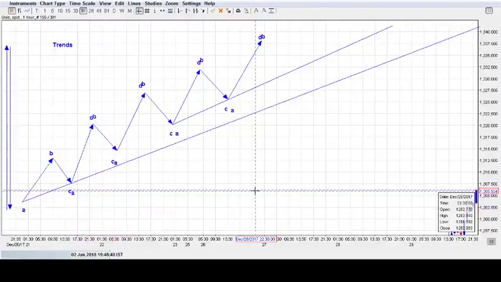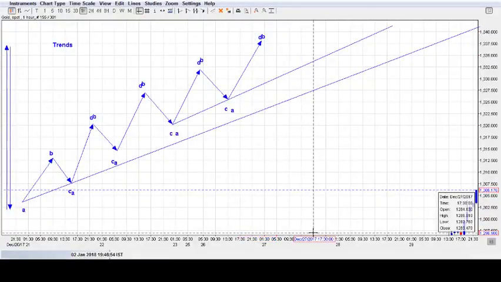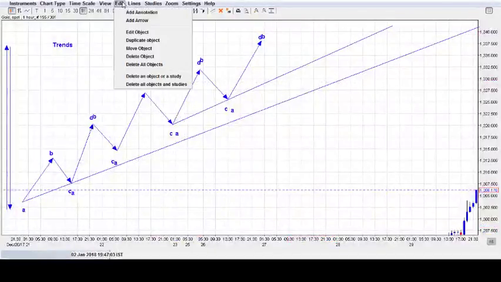Just ask yourself a simple question: where would I have bought the market, and where would I have sold it, so that I'd have made some money? Let's do it together.